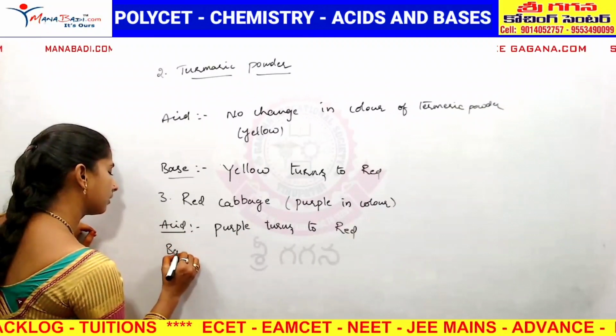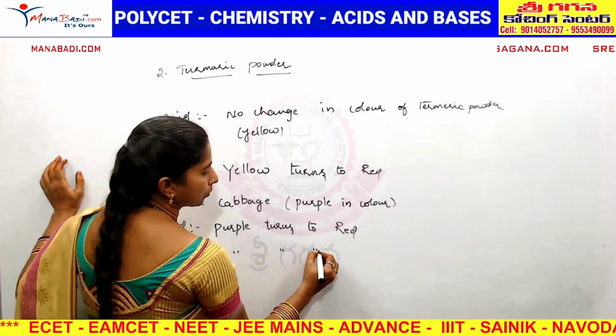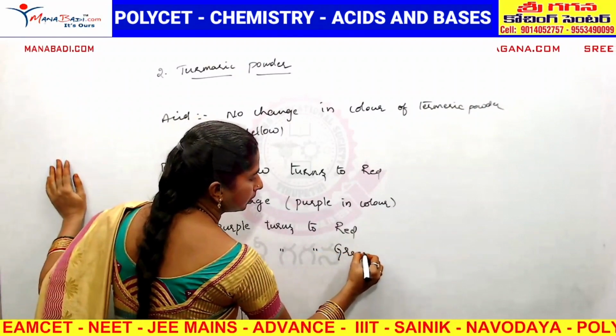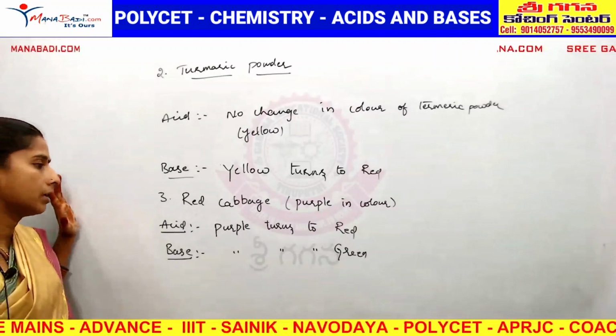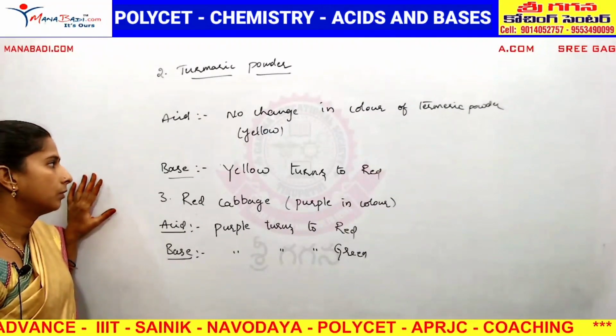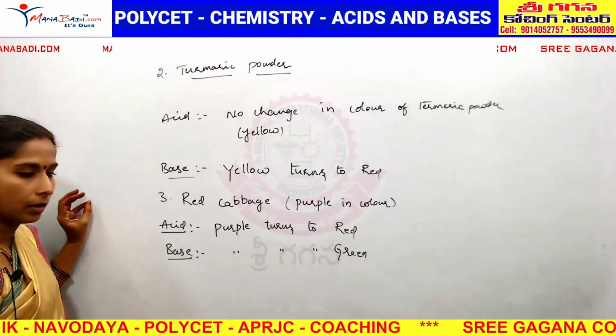With base, purple turns to green. So these three are the natural indicators that we use in our regular life.